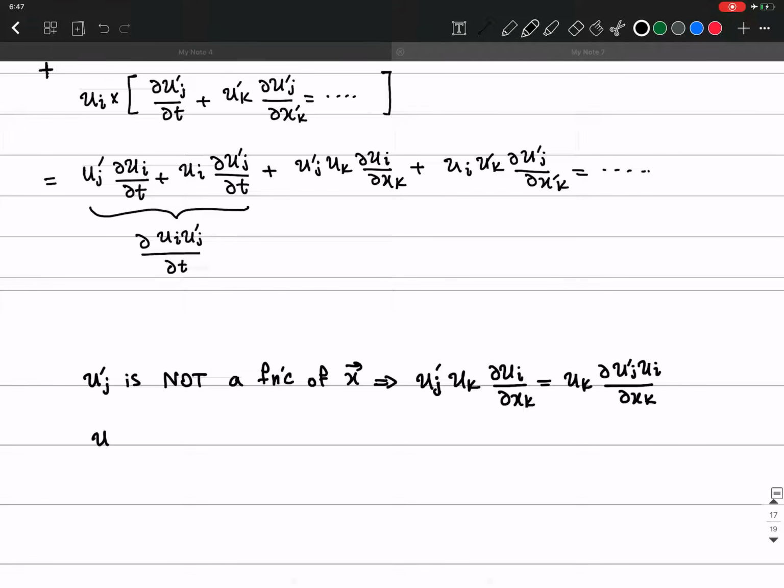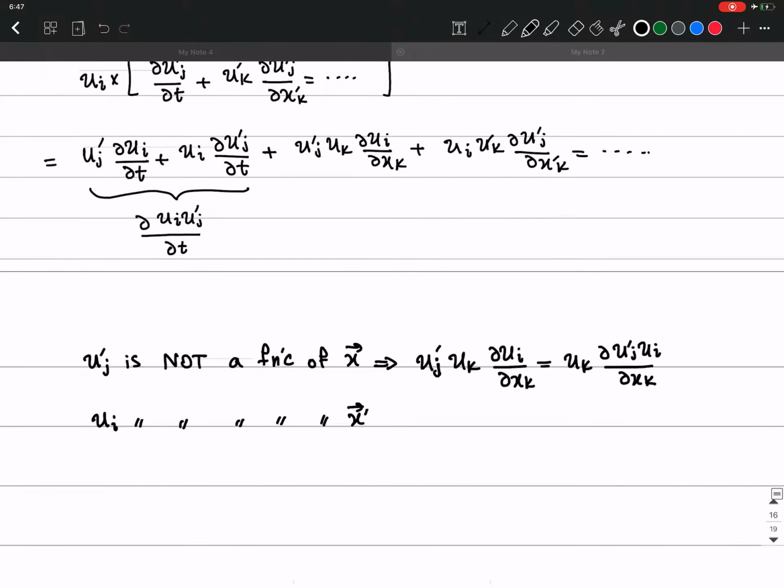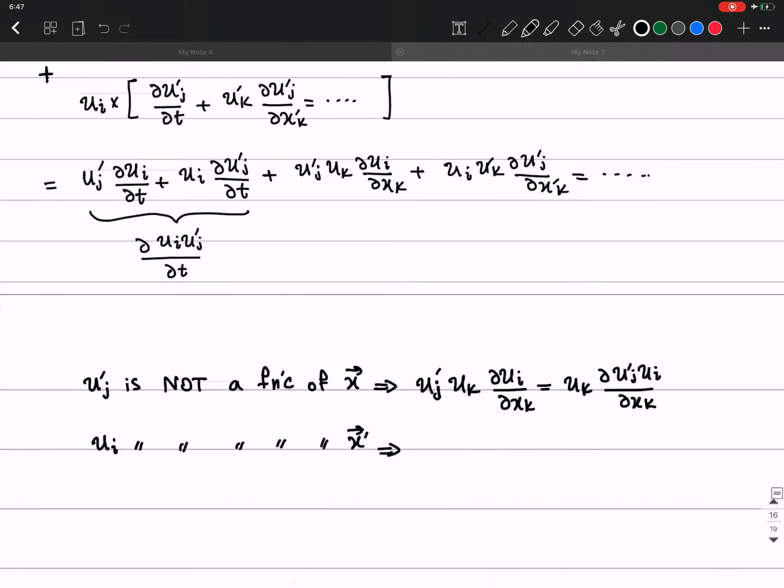Similarly, ui is not a function of x prime. Here you see it's only a function of x. So again, I can take this inside the derivative because it acts like a number.